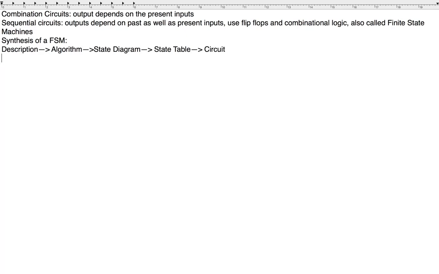Okay, so we're going to do an example here. It's always good to review. Our example is based off the input W, and then we're going to have our output Z. The example is going to be a sequence detector, with one input W and one output Z.